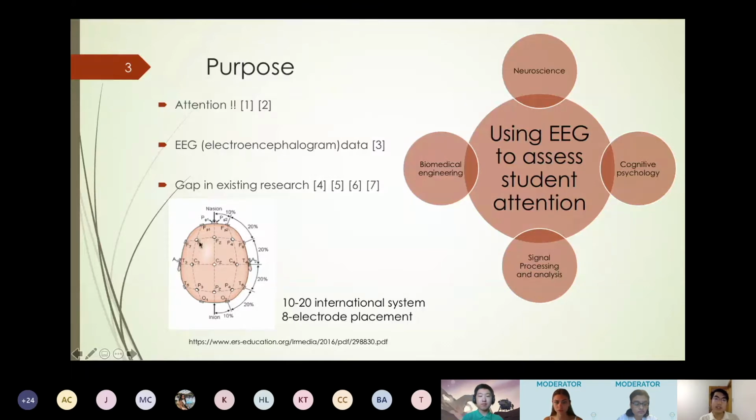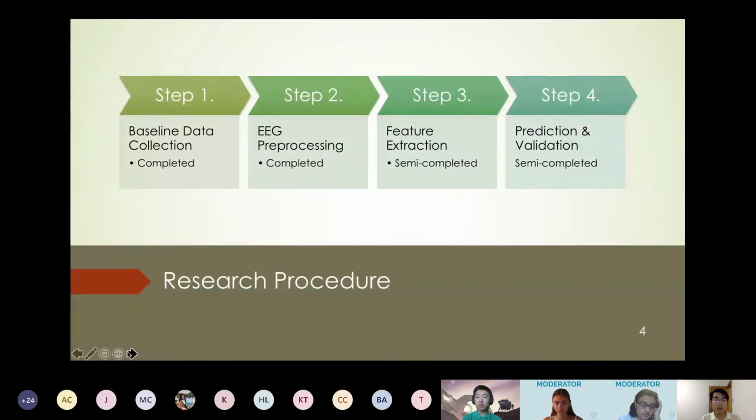So my research addresses a gap in the previously existing research: there are diverging results emphasizing different features for classifying between attention and inattention because of different experimental designs. My research can be divided into these 4 basic steps: collecting baseline data, preprocessing the EEG data, extracting features from the data, and predicting and validating from the data.